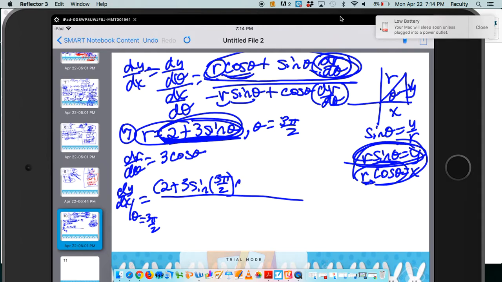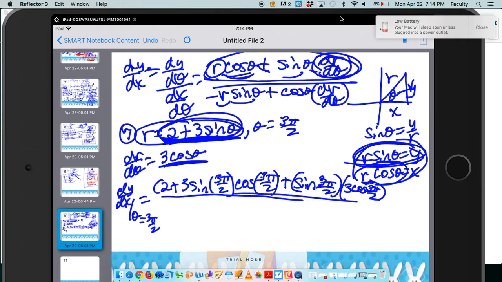times cosine theta, plus sine theta, dr d theta was 3 cosine theta. Well, let me put in 3 pi over 2 as I go. Sine theta times dr d theta is 3 cosine theta over negative r.